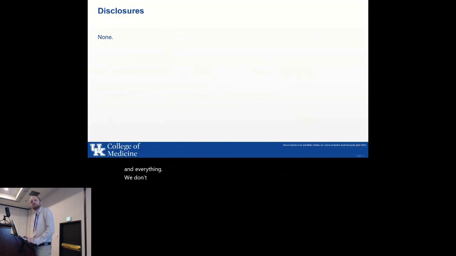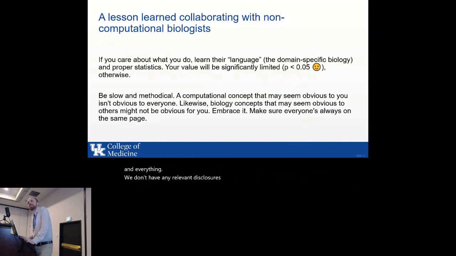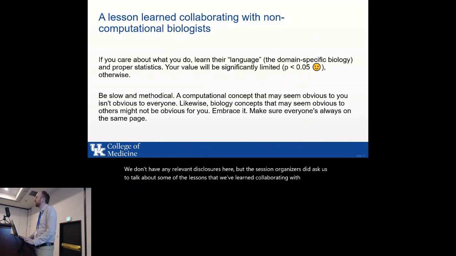We don't have any relevant disclosures here, but the session organizers did ask us to talk about some of the lessons that we've learned collaborating with non-computational biologists over the years. Broadly, I think it's critically important to be able to speak the language of biology, right? That's the domain-specific biology of whatever computational analyses you're doing.